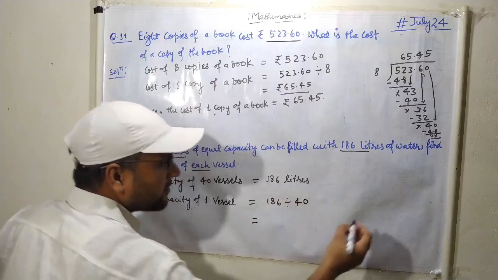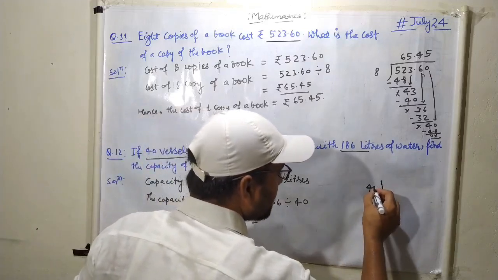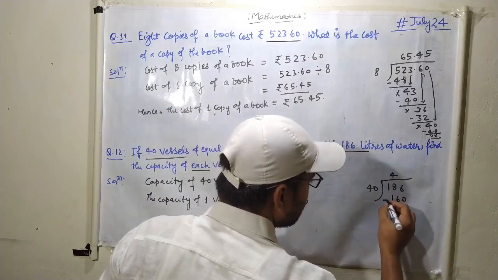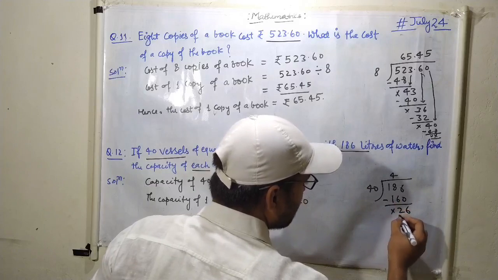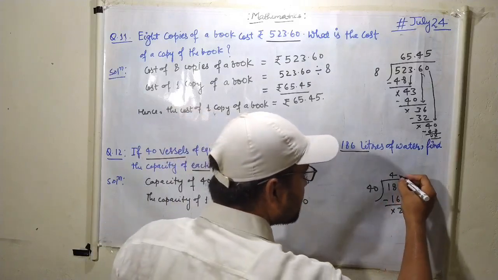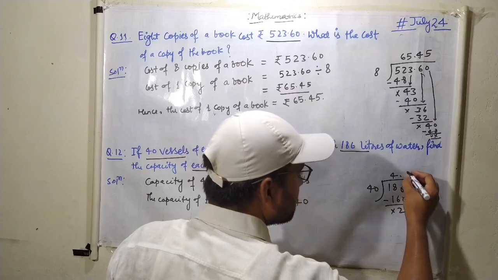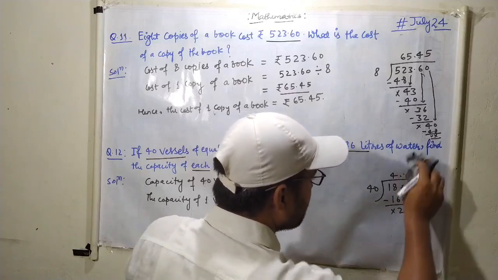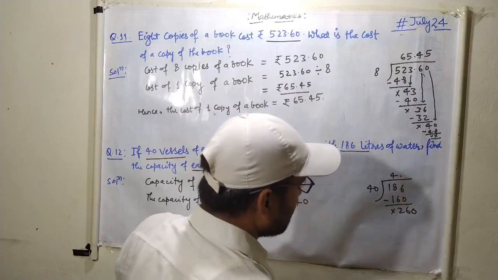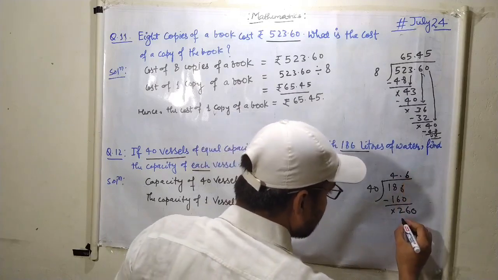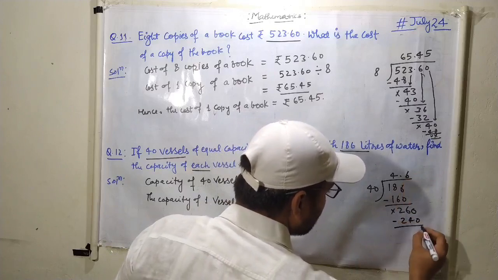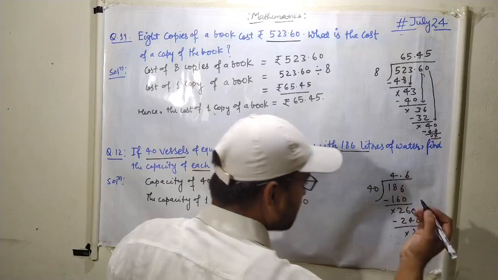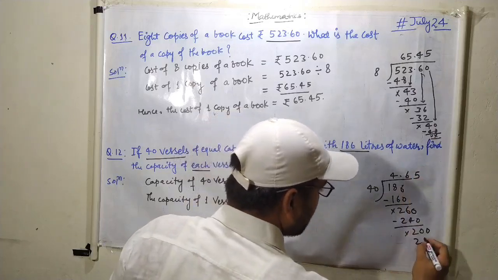Do the division here. 40, 186, 4 times 160, 6, 2, cancel out, 26 is not divisible by 40, take the point, 0, 4 times, sorry, not 4 times, 5, 6 times, 24, 240, 0, 2, again you will take 0 because you have taken the decimal, 5, 200.